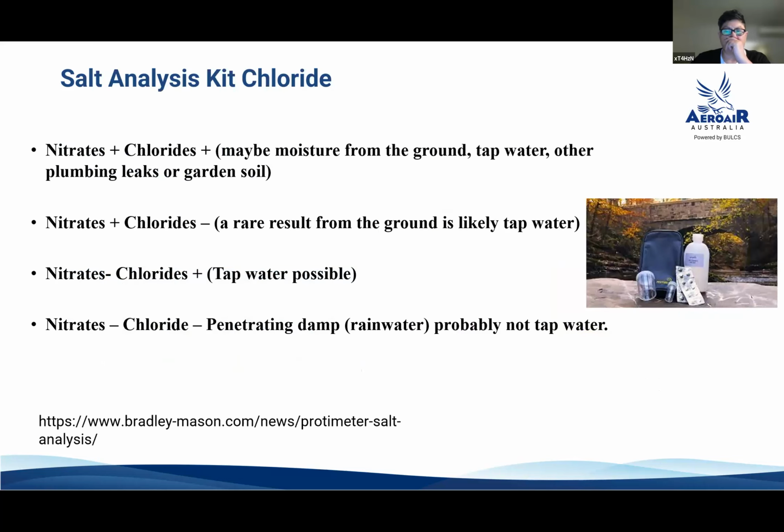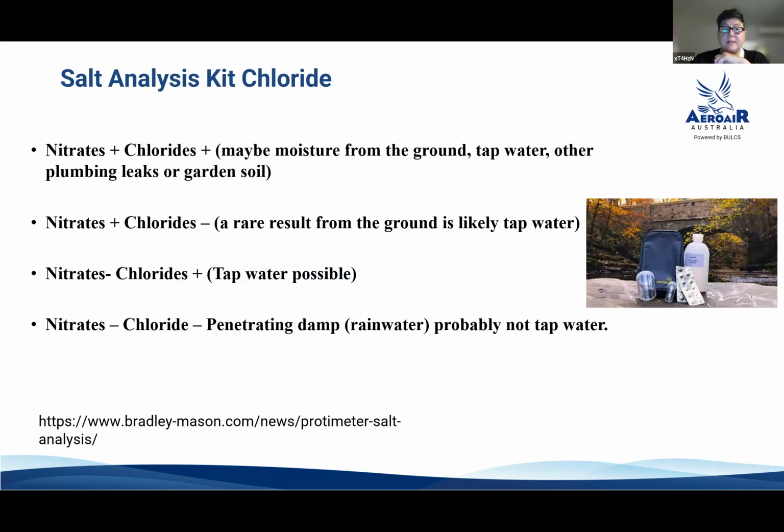So the salt kit, which you can see, uses distilled water, and it will look at nitrate, which is soil, and chlorine, which is what we find in our natural water. I find that this is a very cheap and very effective kit to use, especially on concrete.